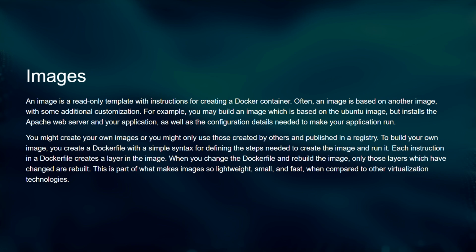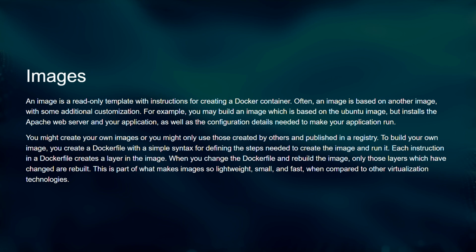To build your own image, you create a Dockerfile with a simple syntax for defining the steps needed to create the image and run it. Each instruction in a Dockerfile creates a layer in the image. When you change the Dockerfile and rebuild the image, only those layers which have changed are rebuilt. This is part of what makes images so lightweight, small, and fast when compared to other virtualization technologies. So Docker uses layers in the image.